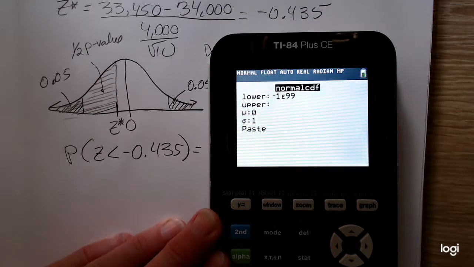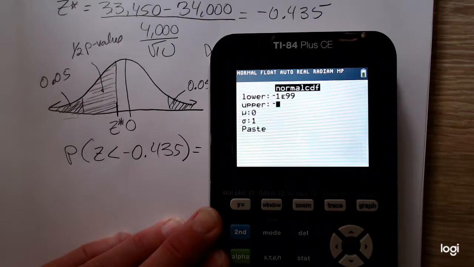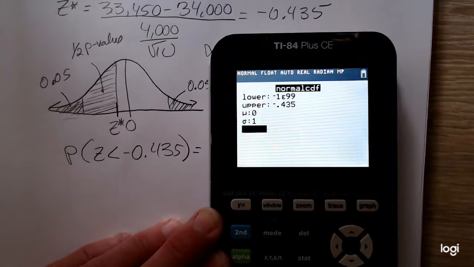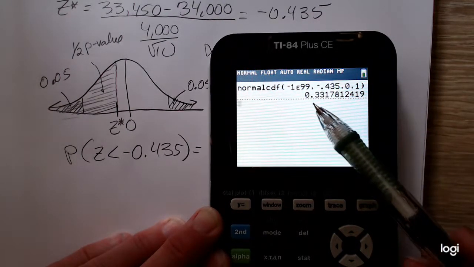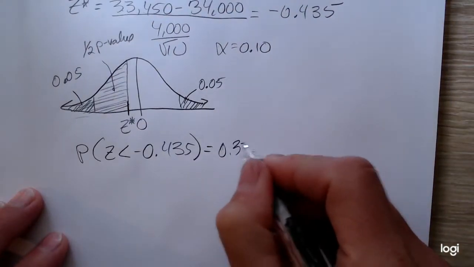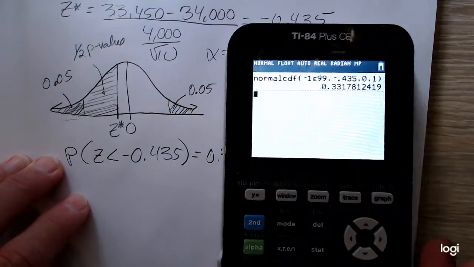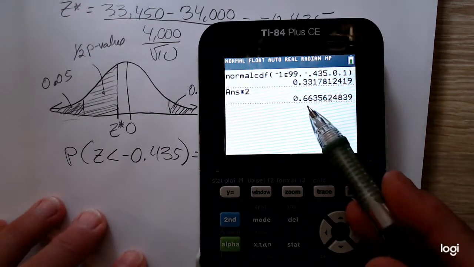My lower bound is a very small number, so I can leave it as negative 1 times 10 to the 99th power. My upper bound is negative 0.435. And entering, I get an area of 0.332. But remember, this is only half of the p-value. So to double that, I'll get 0.664.